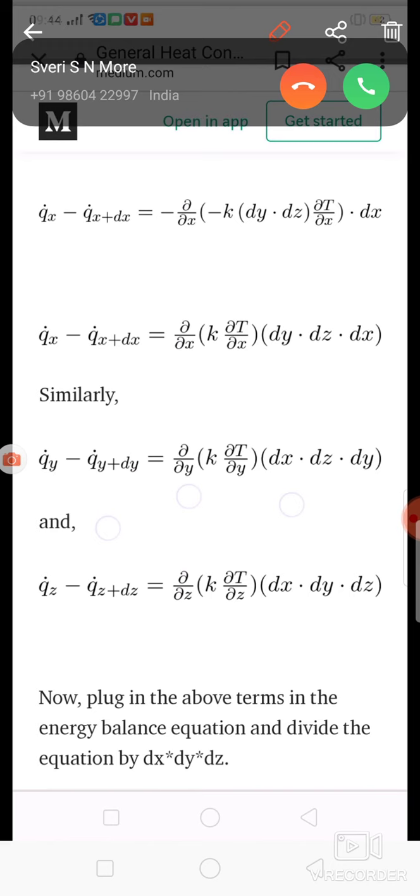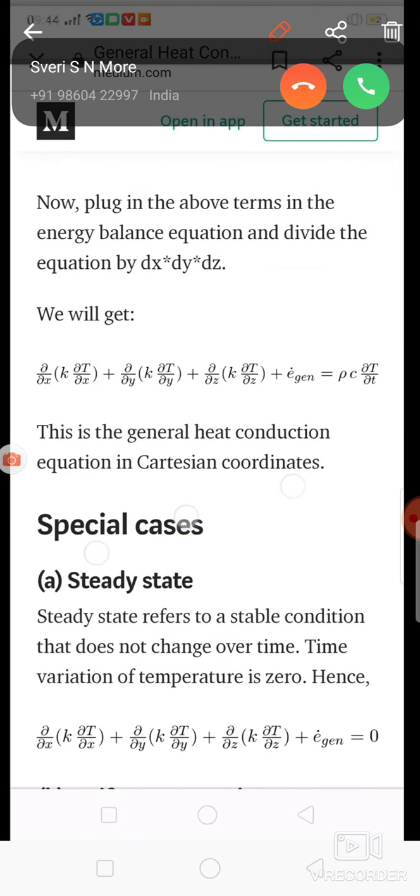Now plug the above terms into the energy balance equation and divide the equation by dx, dy and dz. So we put all the values of the terms in the equation and divide by dx into dy into dz.